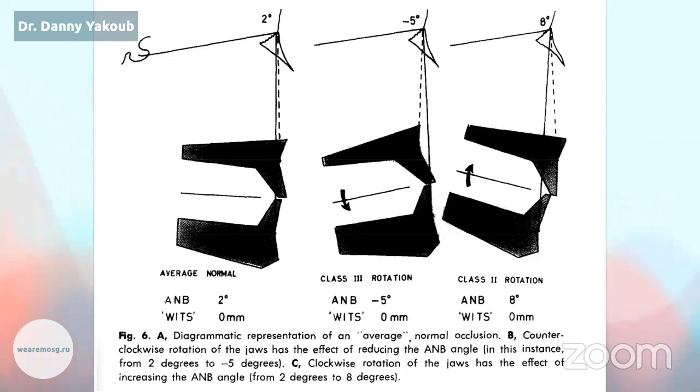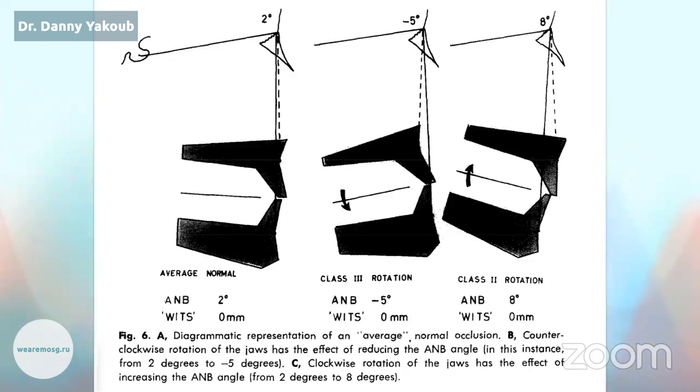In diagram B, we have a counterclockwise rotation of the jaws, which will bring point A backwards and point B forwards. What will happen? This will reduce the ANB angle, showing you a class 3 skeletal relationship, but in fact, it is not.